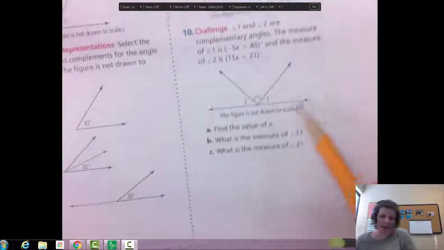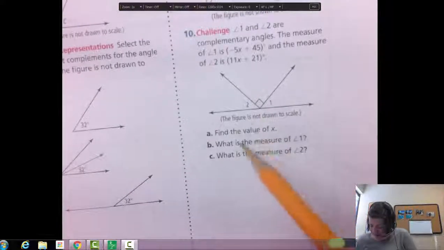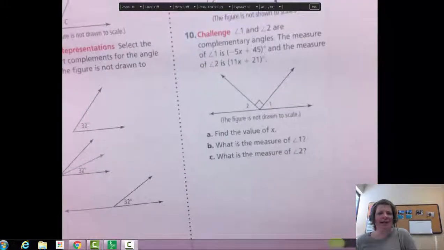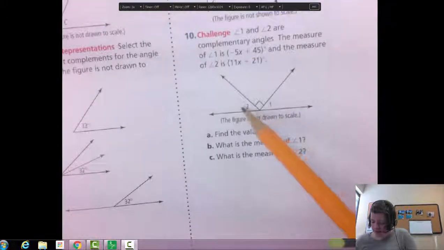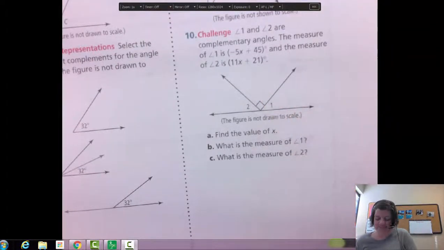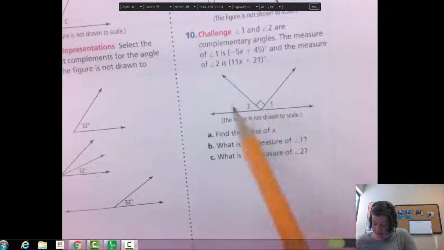And, ooh, I love this challenge problem. I'm going to show you this challenge problem that's in the book. It might be different from what's in Math Excel, but look at this challenge problem. They make a straight line. What is the angle degrees of all of these if they make a straight line? 180. If this one's 90, that helps you try to figure out what 1 and 2 would be.